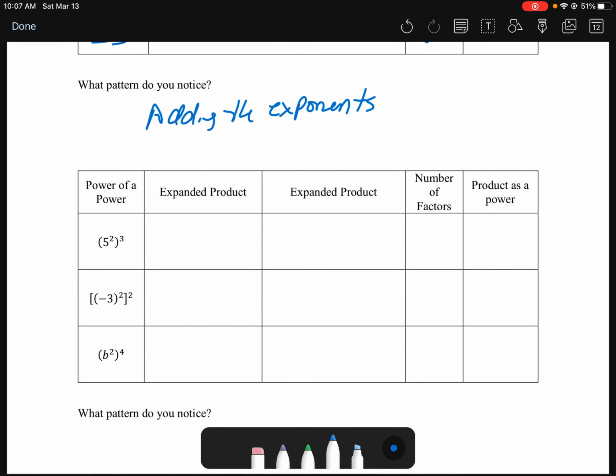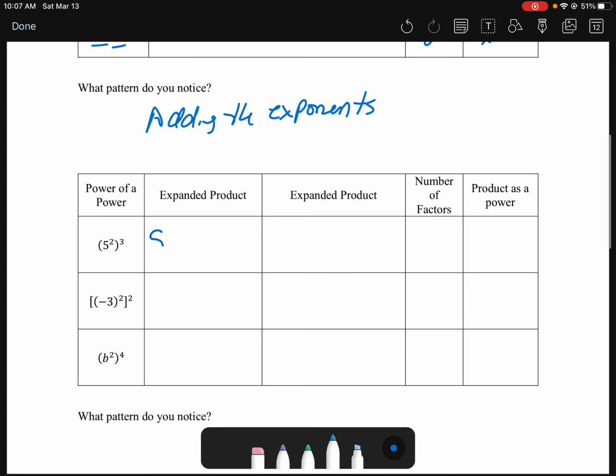Down here, we're raising a power to another power. So here I have the quantity 5 squared, cubed. If I were to write that as an expanded product, I could say, well, this is the same thing as 5 squared times 5 squared times 5 squared, because that's being cubed.